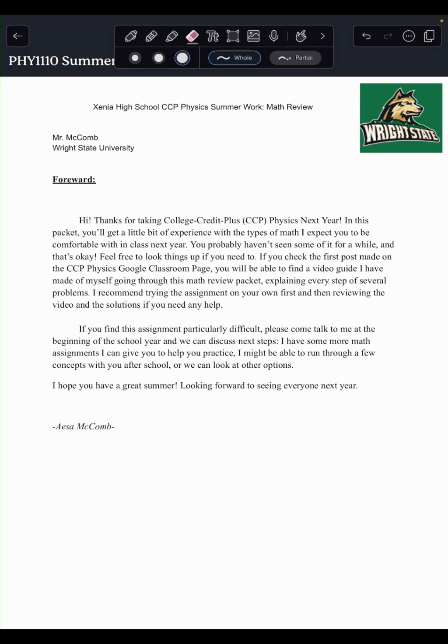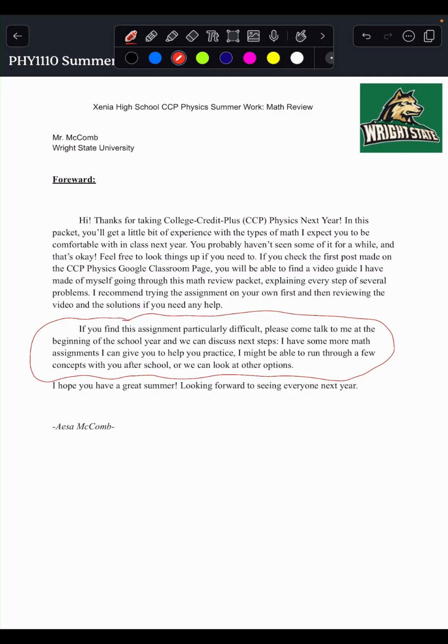One last thing before we get started, I want to talk specifically about this clause in the foreword that I wrote at the beginning of this packet. If you have trouble with this, like this math is not familiar to you, or you find yourself not being able to follow along with me, that's okay.